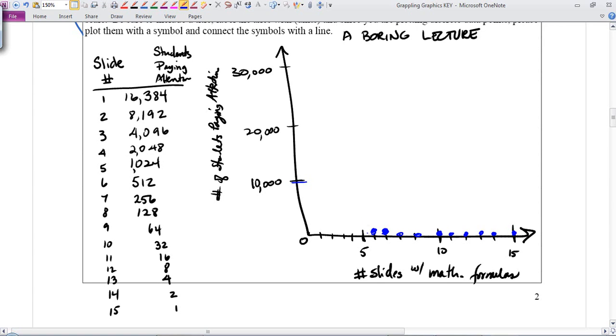And then we're going to jump to 500 when we get to 6. So 500 might be somewhere along in there. And then 1,000. So we're 1/10 up on this little slide here. And then 2,000. And then 4,000 would be just under halfway. And then 8,000, we're coming up along here.